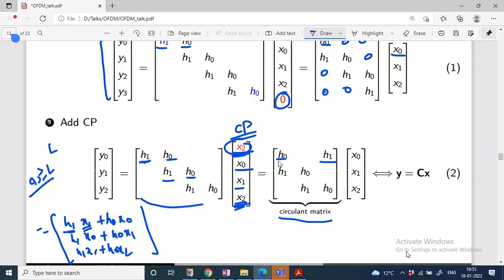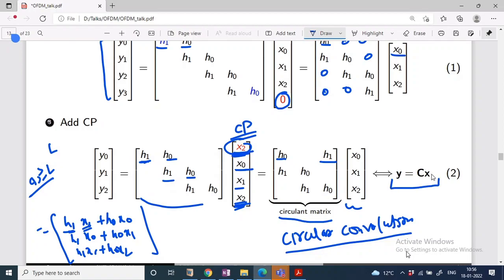So this linear convolution, by adding the cyclic prefix from the last data symbols, we can put in a circulant matrix, and that is called circular convolution. So this is a circulant matrix. This input-output relation we can write as Y equal to Cx, where C is the circulant matrix, x is the transmitted data, and Y is the received symbol.